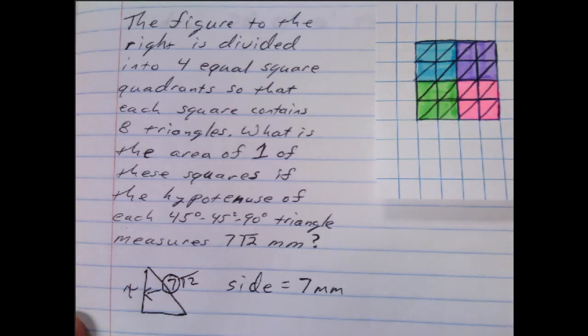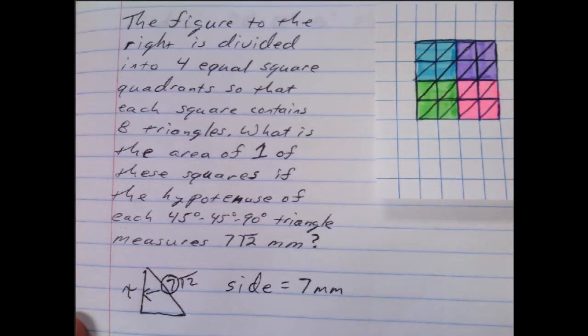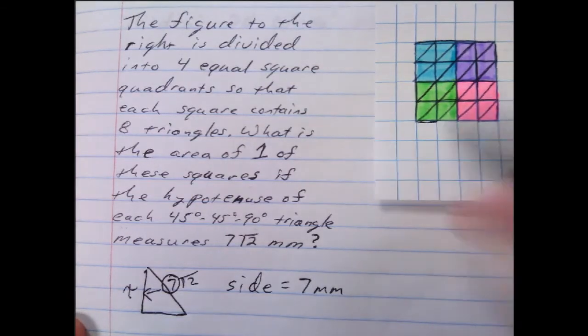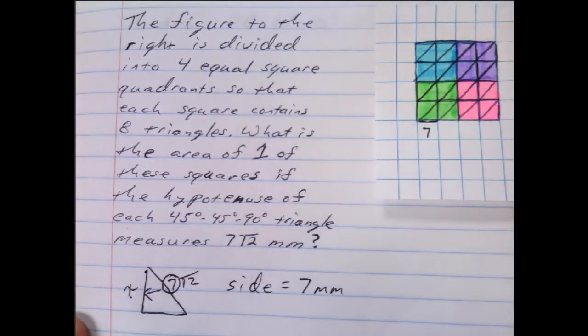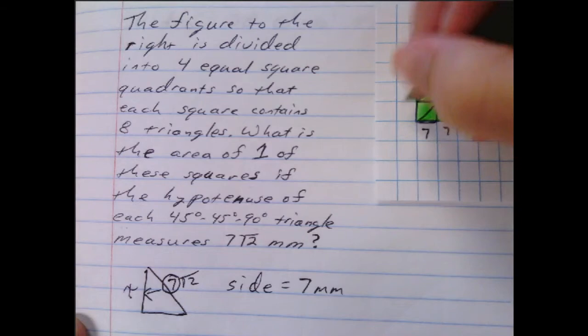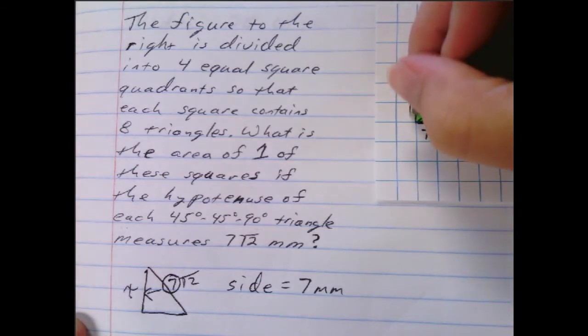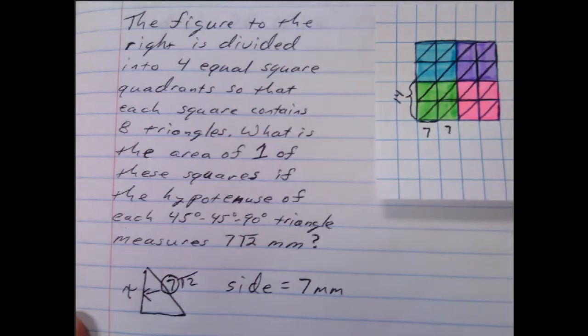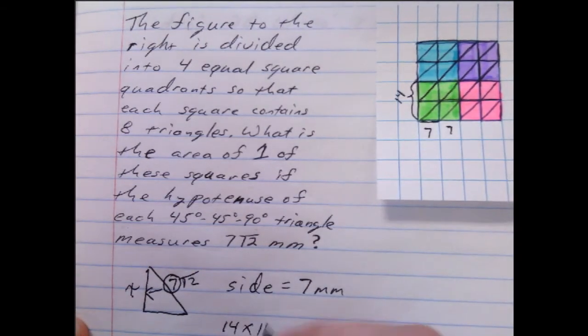Okay? It asks for the area of one of the squares. So if one of these little sides down here is 7, then what would be my area? So that means this one is also 7, and this side over here, these would be 7 and 7, so that's 14. So to find the area of that square, I'm going to take 14 times 14.